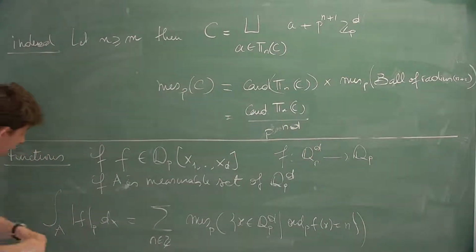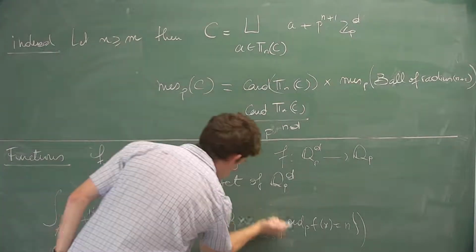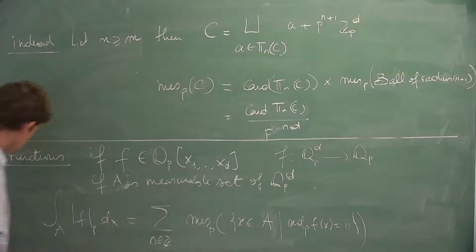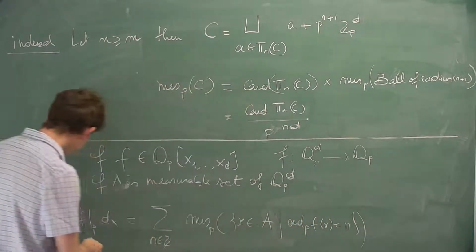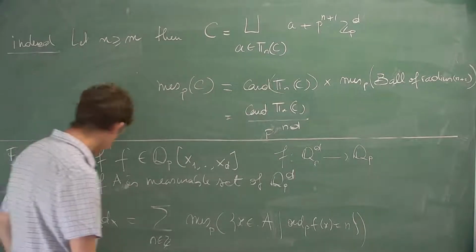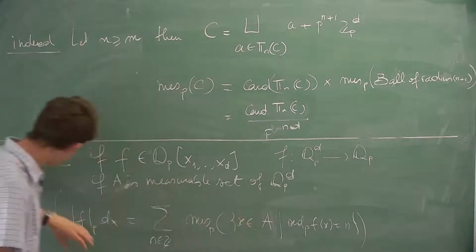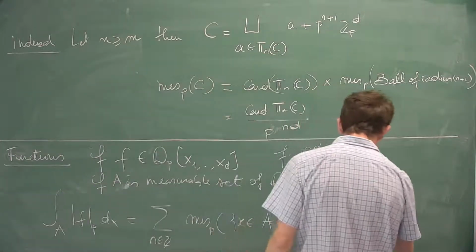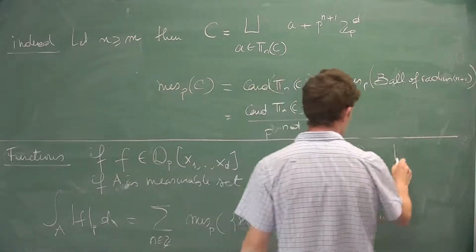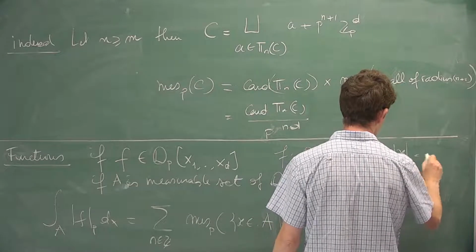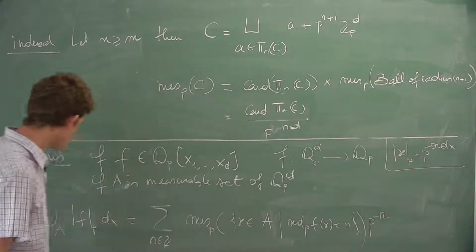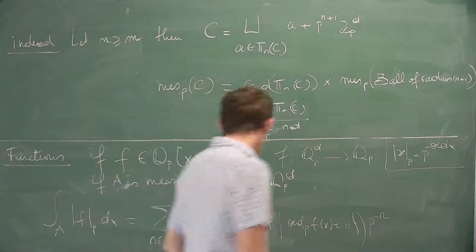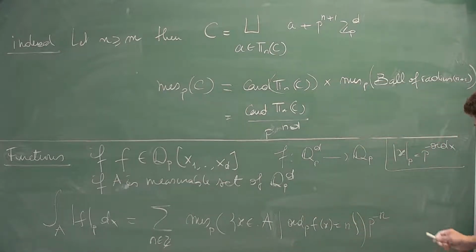So I'm just doing a partition of A where the order of f is constant, meaning that the absolute value of f is constant. So if I have this, the absolute value of f is equal to p to the minus n. Okay, I recall. So you define that whenever this series is convergent in the reals.